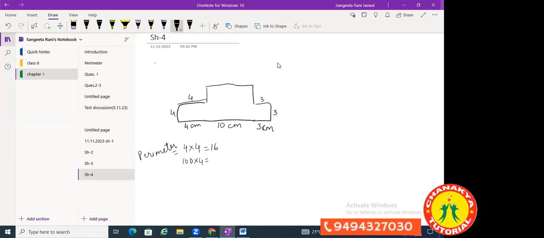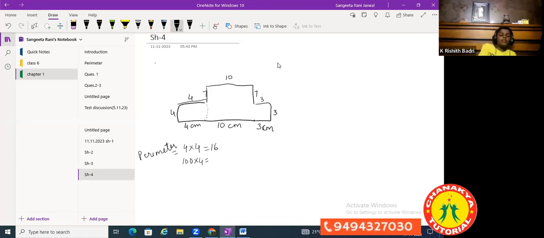So out of 10, when you subtract 3 this much, you are left with 10 minus 3. You have just 7 here. Teacher, in the middle part it's 10, so up also you should give 10. And why 7 there? 7 because this dotted part is covered inside, no? But this part is not coming in the perimeter.